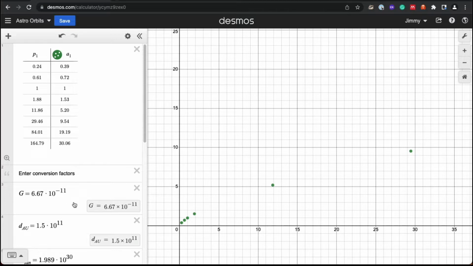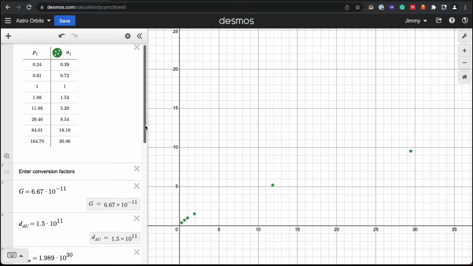The units, which are not listed here because you can't do units in Desmos easily, are in MKS. So we need to convert these times into seconds and these distances into meters, which gives kind of ridiculous numbers in astronomy, but it is a common task and one that we should probably learn how to do.